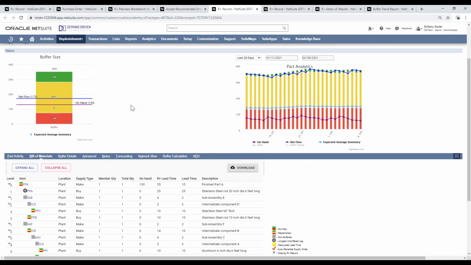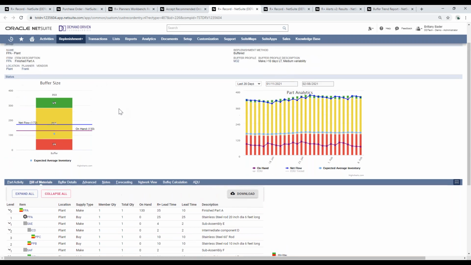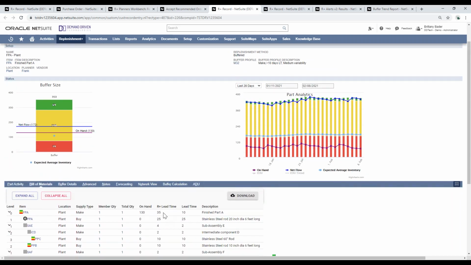And when I go back and look at FPA, I'm going to see that power of making the financial decision here to hold stock of PPA, of a cheaper component within this bill of material. Right now, to get back up to the top of green, I would have to make 100-something units to get back up to that 353, and my total R plus lead time is 35 days.